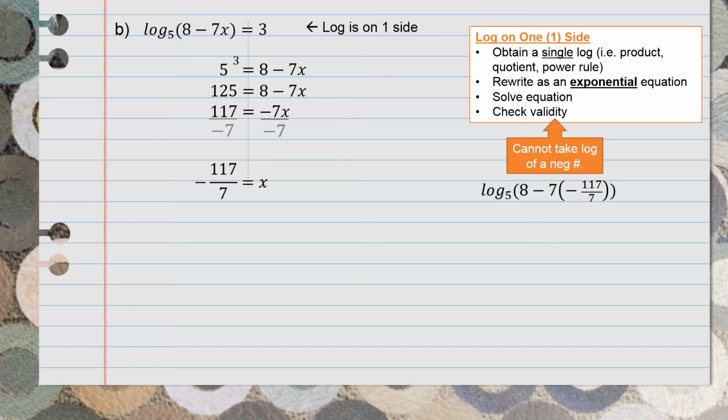Notice that's a negative 7 times a negative 117 over 7. But what's a negative times a negative? It's a positive, so the result is 8 plus 117. Would the result of that be positive? Yes, which means we can keep our answer.